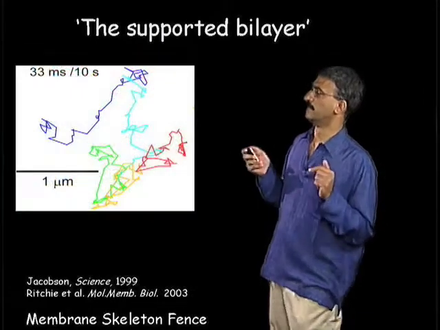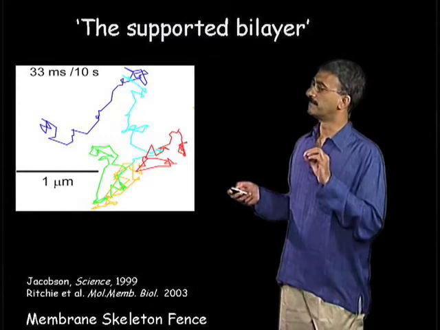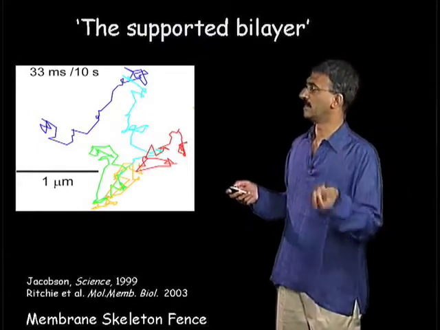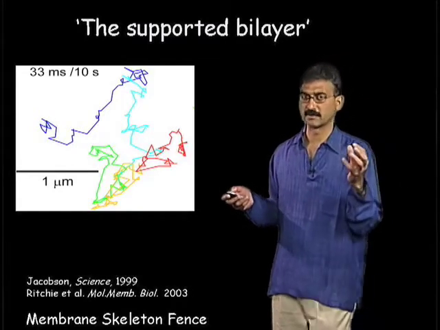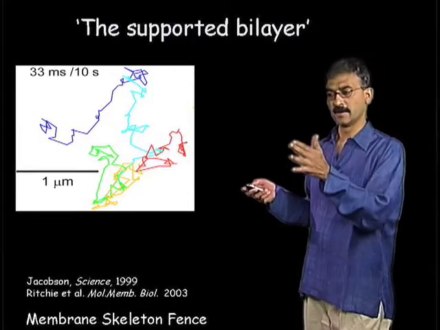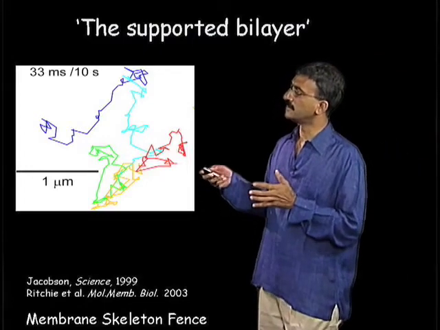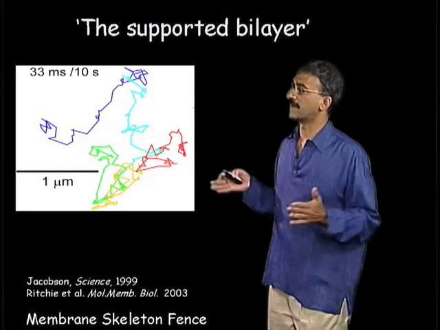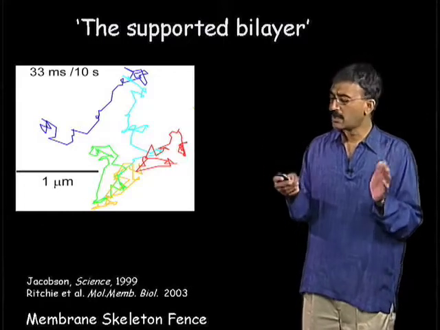So when Aki Kusumi looks at the movement of a single particle tagged to a fluorophore on the cell membrane, or tagged to a gold particle, if he looks at a lipid or if he looks at a membrane protein, they exhibit a rather characteristic pattern of diffusion when observed at a relatively slow frame rate.